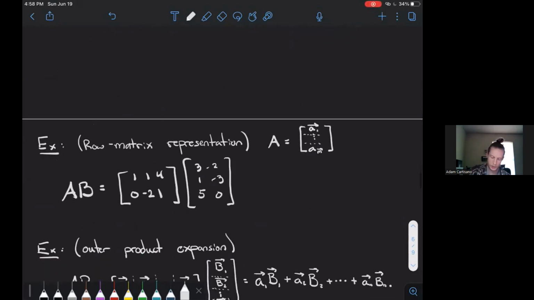What we do is partition the rows of A. Okay, and then each one gets multiplied by B. So the resulting matrix is going to be A1B, A2B.